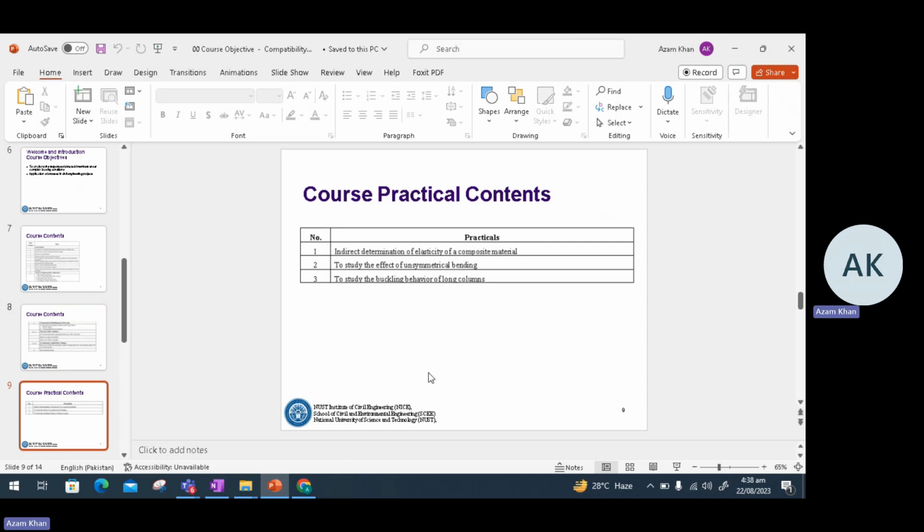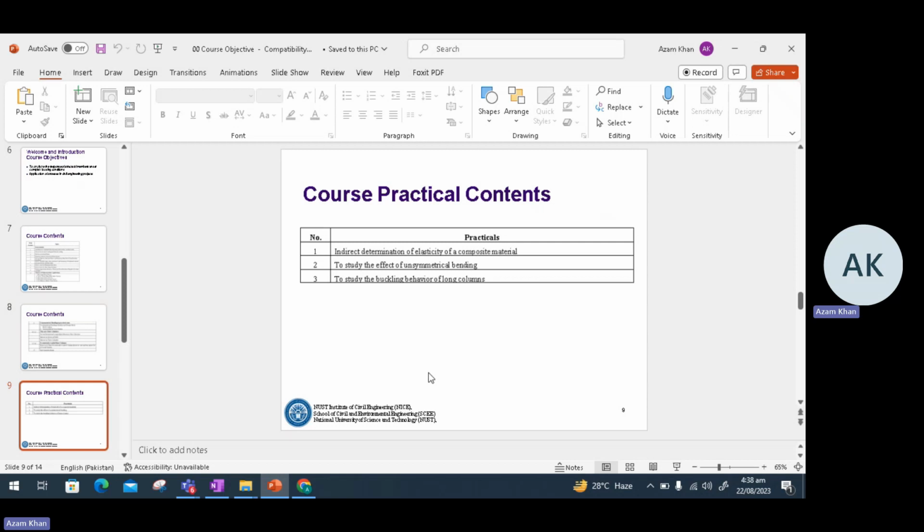Beside this, we have some practicals also. So you will have hands-on experience on different concepts like indirect determination of elasticity of composite material. You will carry out this experiment in the lab, in the mechanics lab.